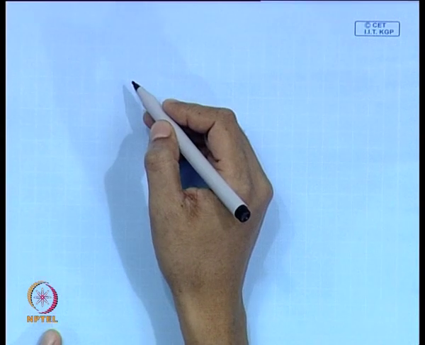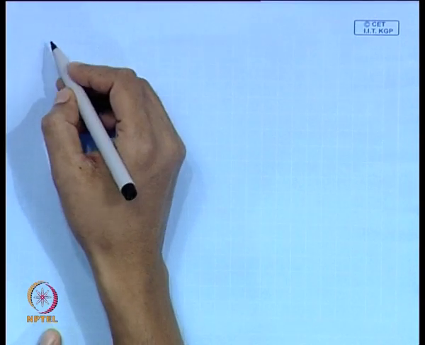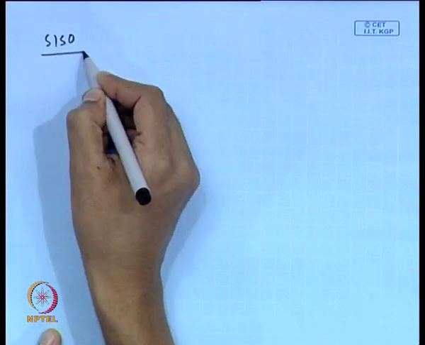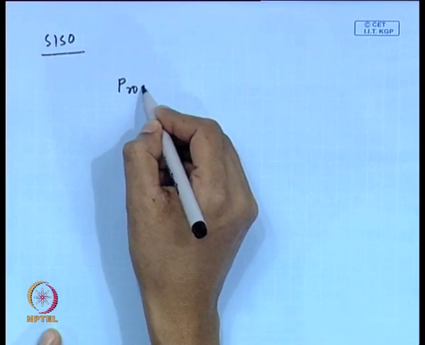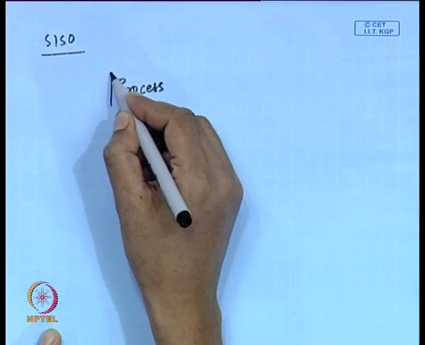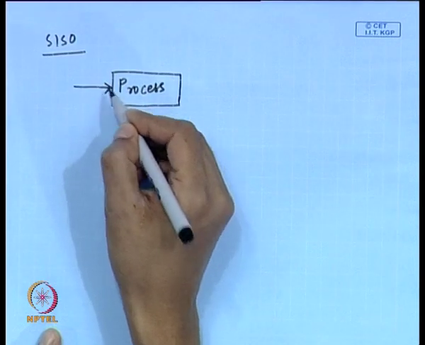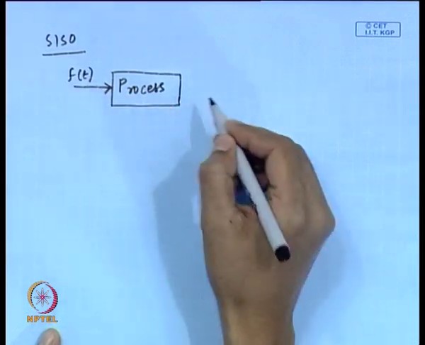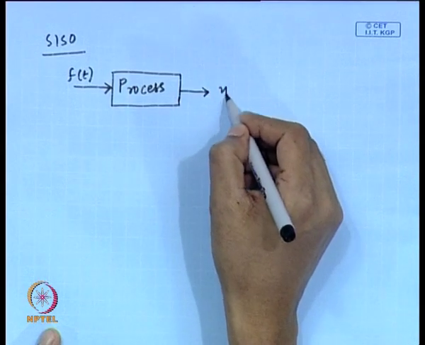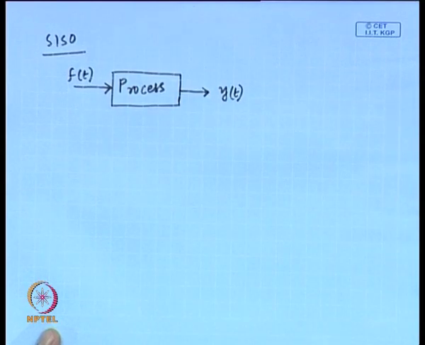Another question comes, that is, what is the use of this transfer function? Okay, we will consider one single input single output system. So, for a SISO system, we consider one process and input to this process is f t, output of this process is y t, fine.